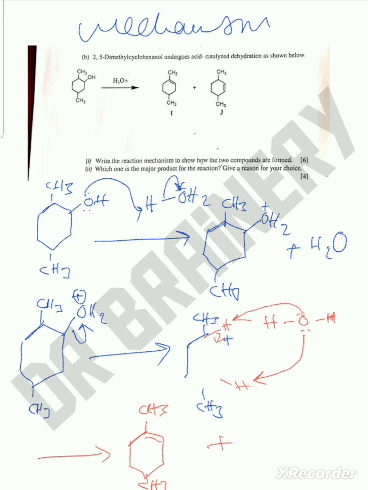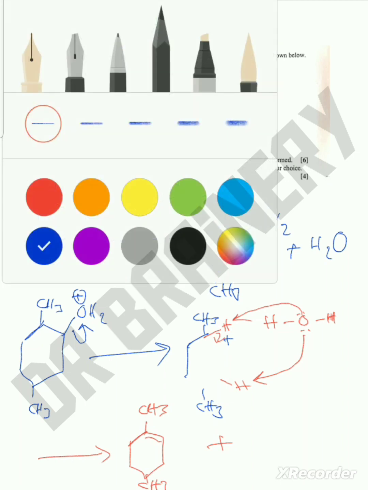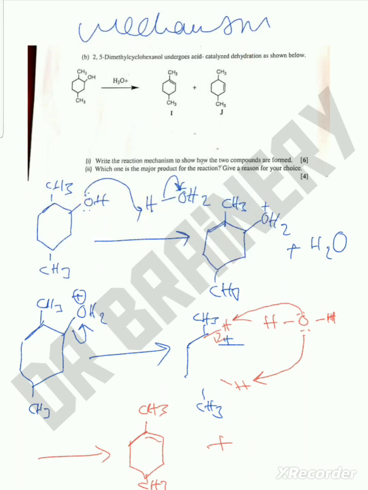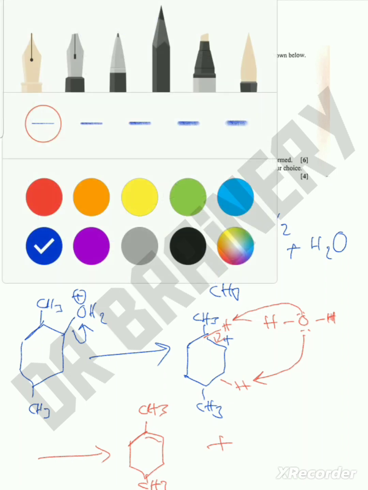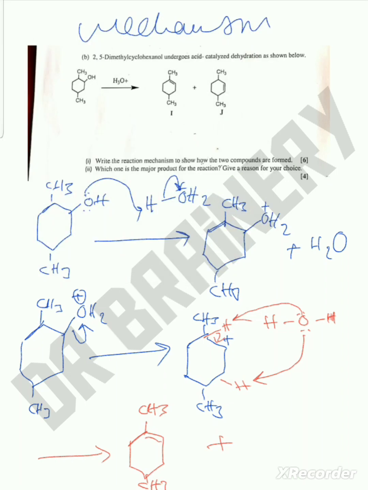Okay, so I can do it like this. When this hydrogen, which is more exposed, is attacked, there are two hydrogens here but there was one hydrogen at the other carbon, and it is going to make a double bond there.